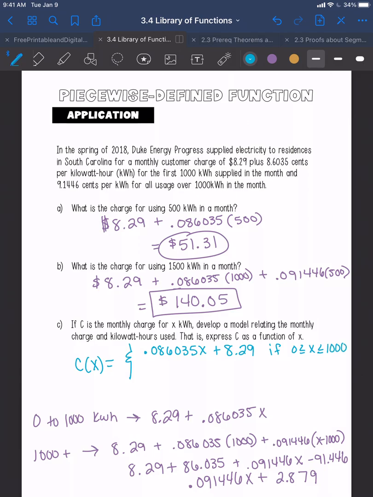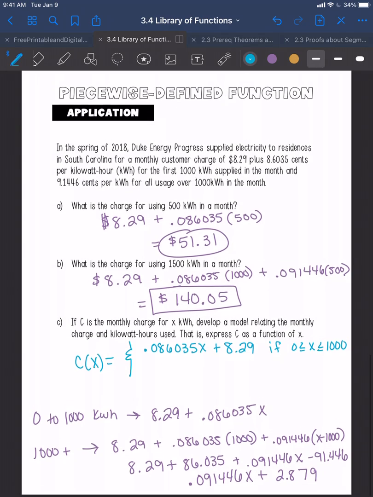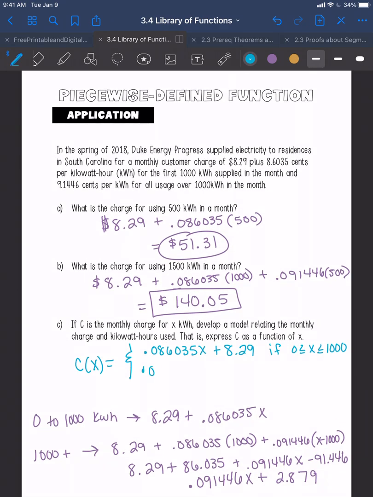And yes, I included the 0 because even if we're not using a kilowatt per hour, we're paying for the service of $8.29. And then my other one would be 0.091446x plus 2.879 if x is greater than 1,000.